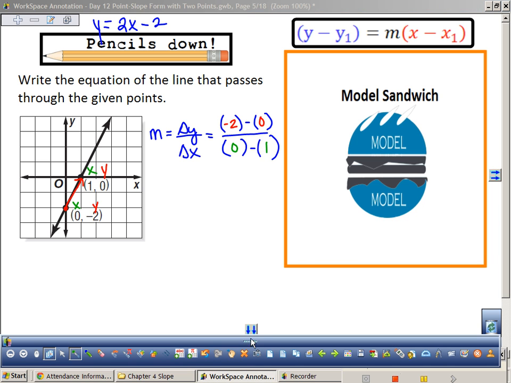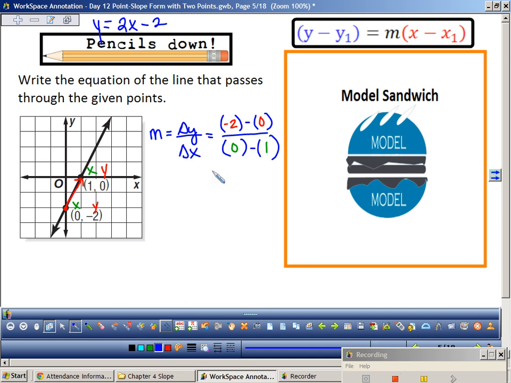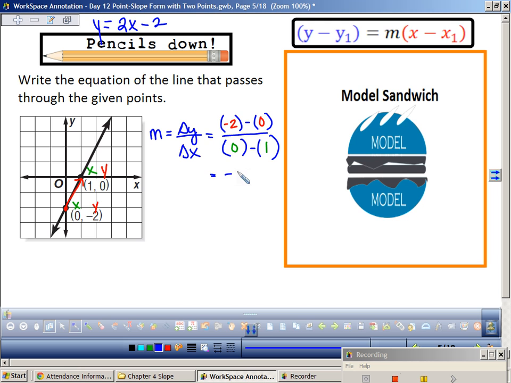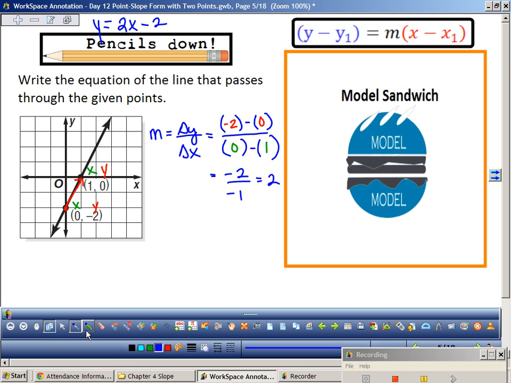If I simplify that, I get -2 over -1, which equals 2. Is this a positive slope or a negative slope? Positive, so is that right? That's right. So I've got a slope.